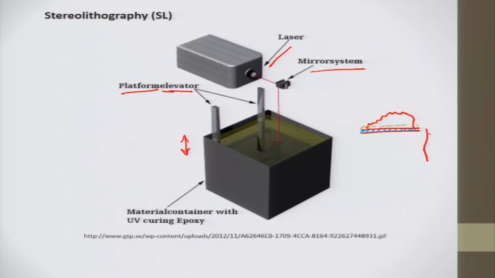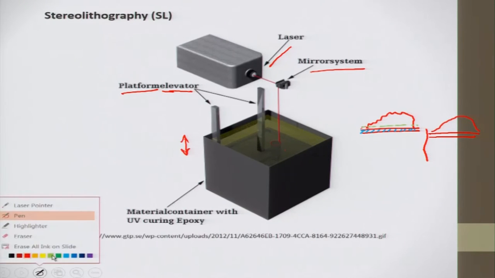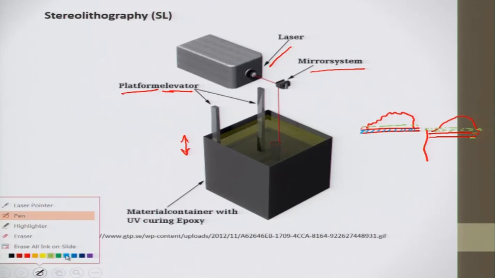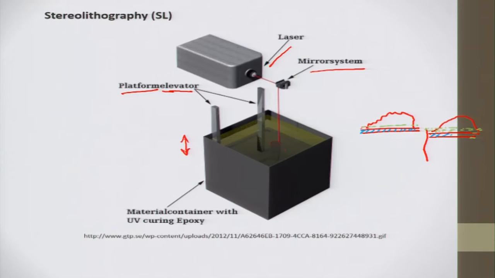After curing, the platform is brought down by one layer. Now this much part is ready, that is, this part is cured and another layer of resin is put in. Similarly, this process continues till the whole part is fabricated here.